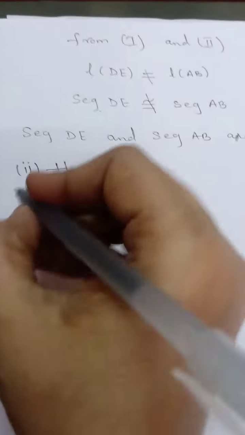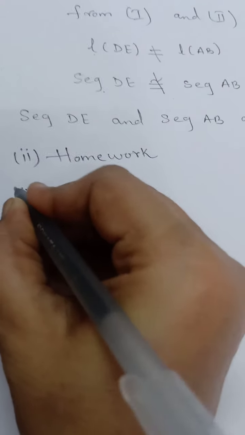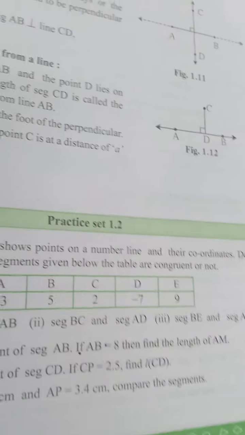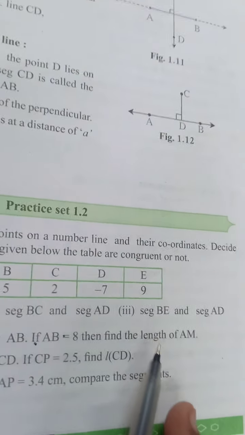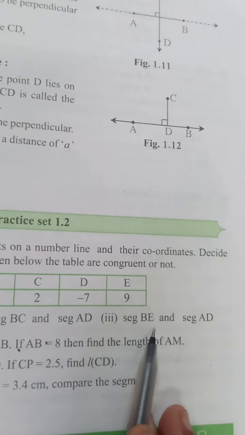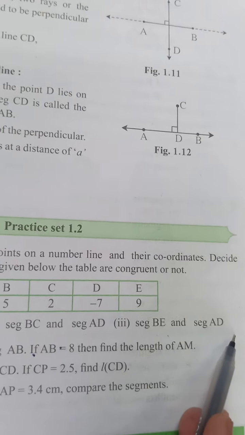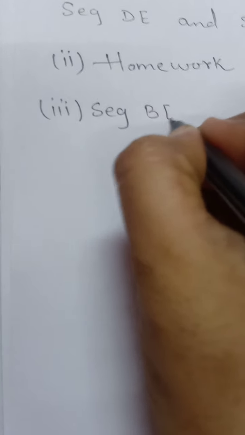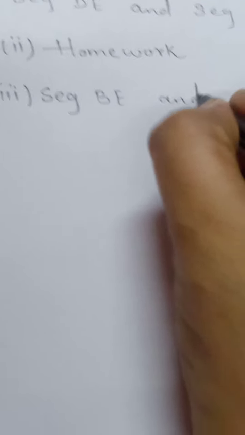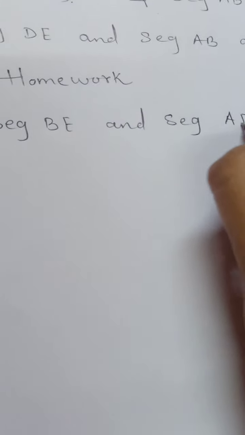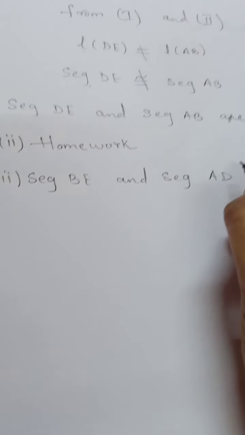Now we will start the third sub question. So here the third sub question is segment BE and segment AD. Same method we will use.